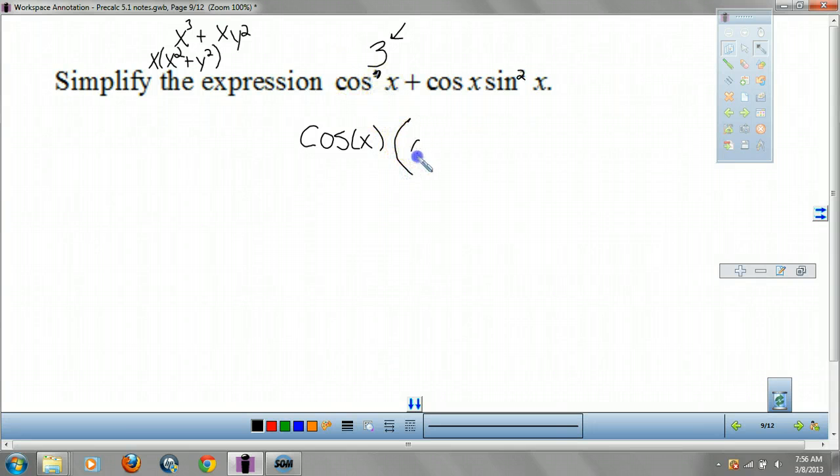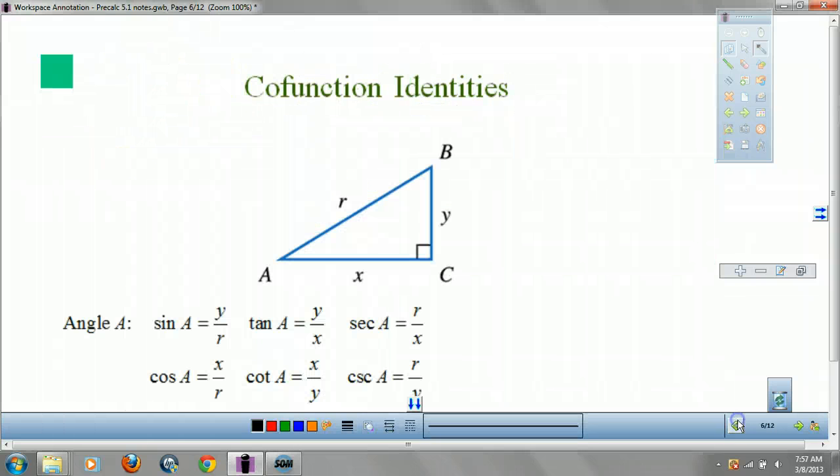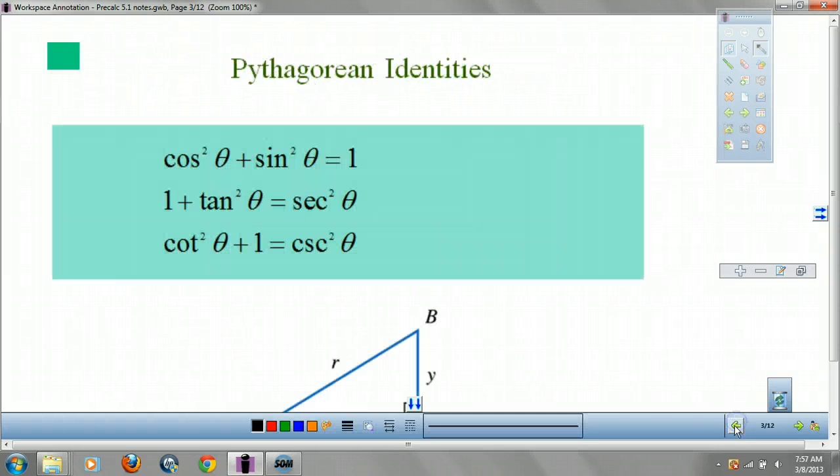Now I'm left with cosine squared of x plus sine squared of x, because I pulled a cosine out of each of those. What's cosine squared plus sine squared? It's 1.